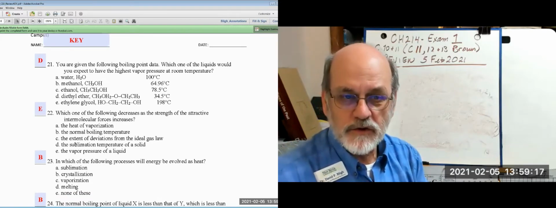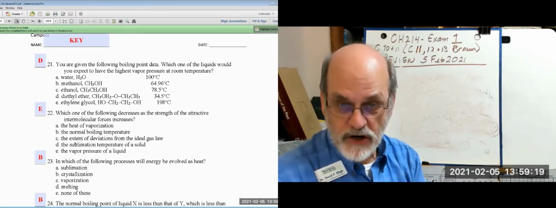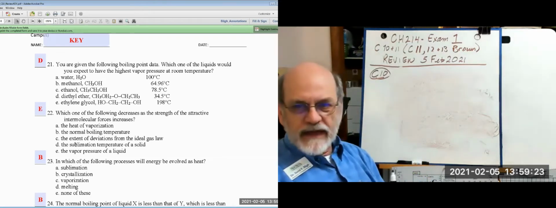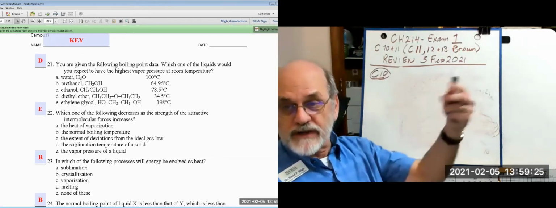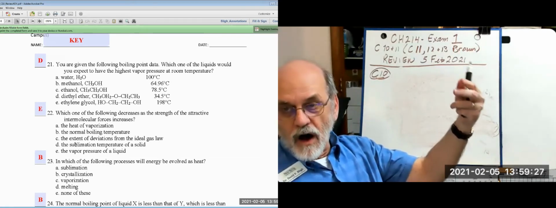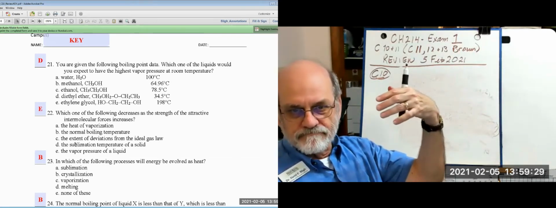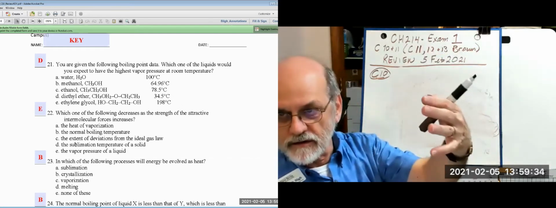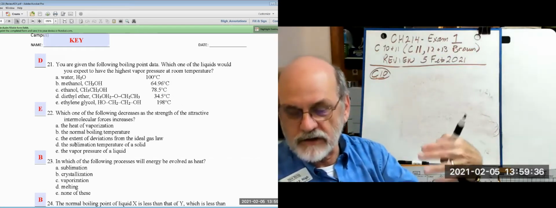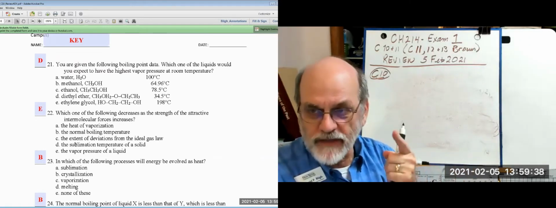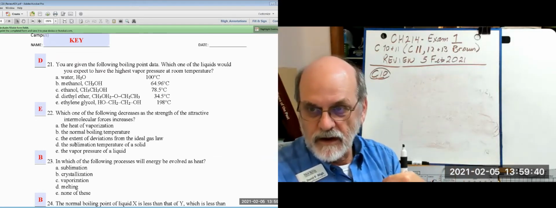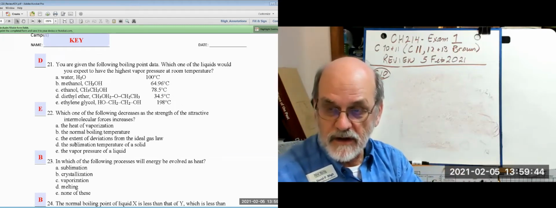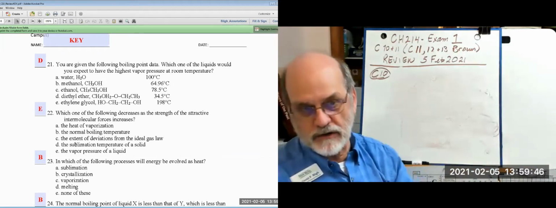Which one of the liquids would you expect to have the highest vapor pressure at room temperature? Remember when we said when the intermolecular forces are increasing, all of those processes that we mentioned would also increase with increasing intermolecular forces. There was only one that would decrease. So if you increase the intermolecular forces, you decrease the vapor pressure.